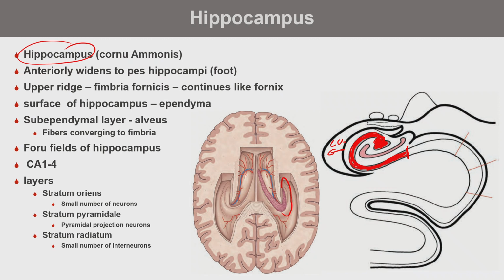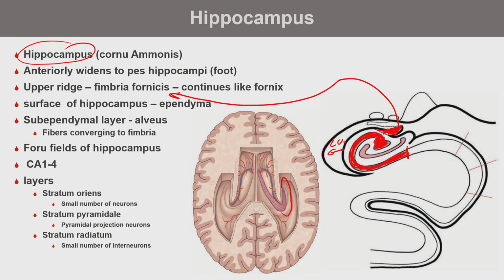Anteriorly, it is like a foot of a dog, and on the upper ridge of the hippocampus is this horn-like structure which is called fimbria.